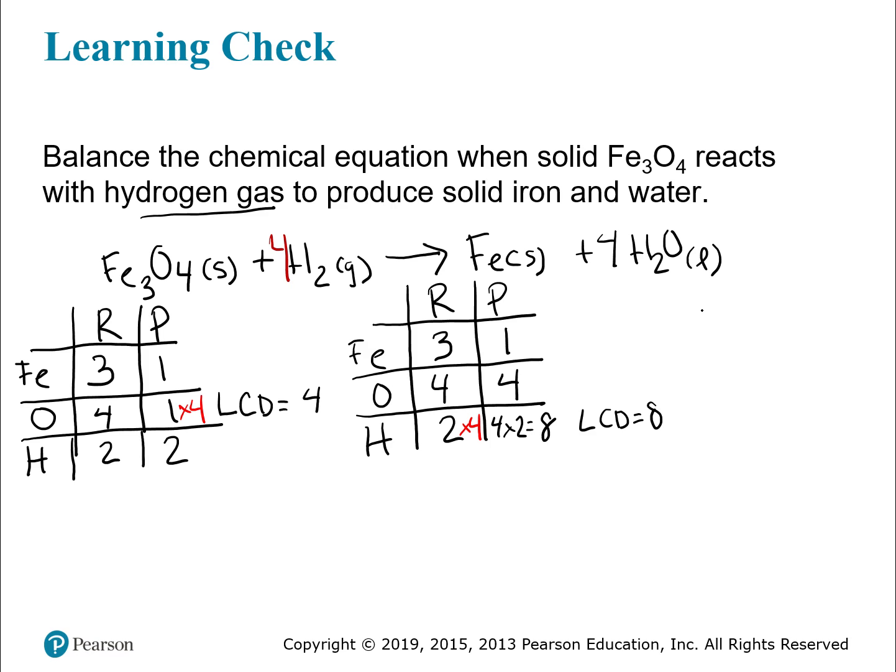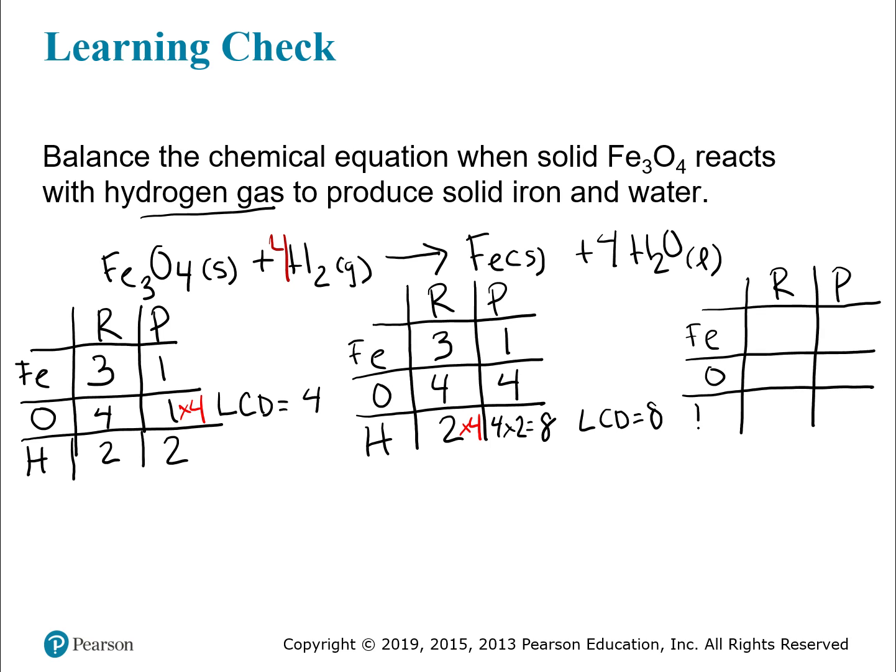Now let's do another chart. This can take up a lot of space, but I really want to demonstrate that each time you put in a new coefficient, you change things, and you need to make sure that you're changing what you want. And if you're changing things outside of just the atom or the element you're looking at, then you need to make sure that you're accounting for it properly.